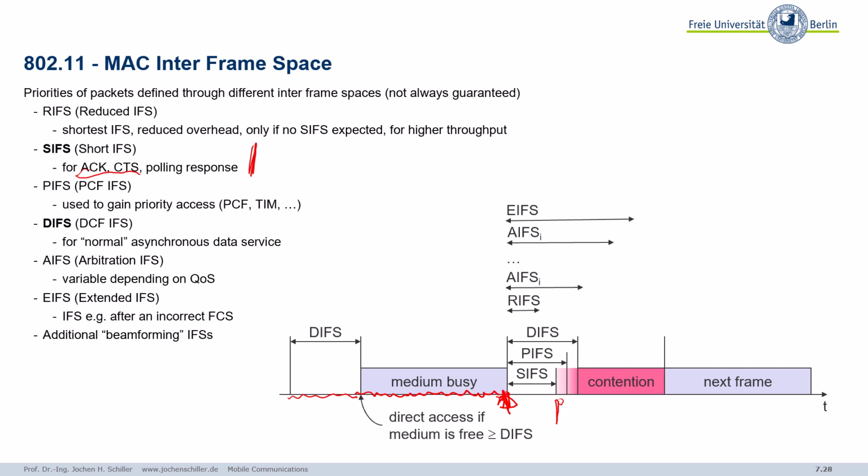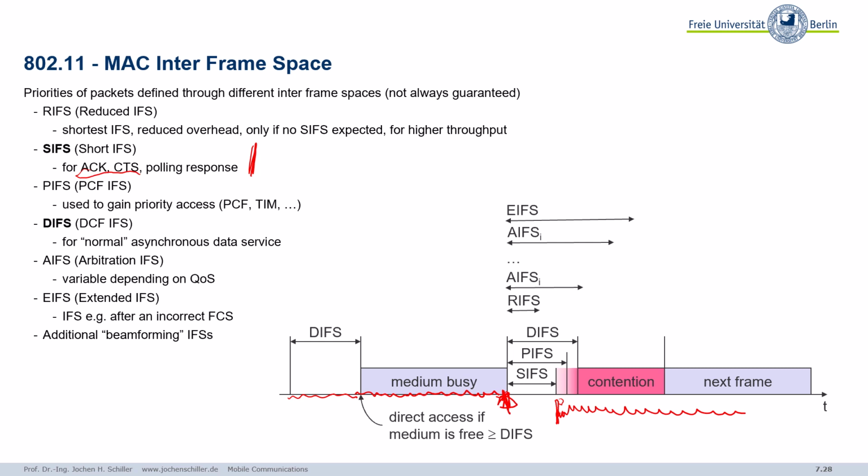That's for the normal asynchronous data service. What does it mean? As soon as there's a packet waiting, with a waiting time of only short interframe space, for example an acknowledgement packet, this packet will have a higher priority because it has a shorter waiting time. And as soon as you start sending this packet, the medium is busy again, and then all the other stations have to wait.